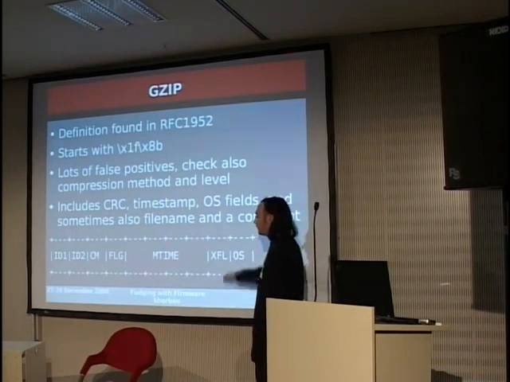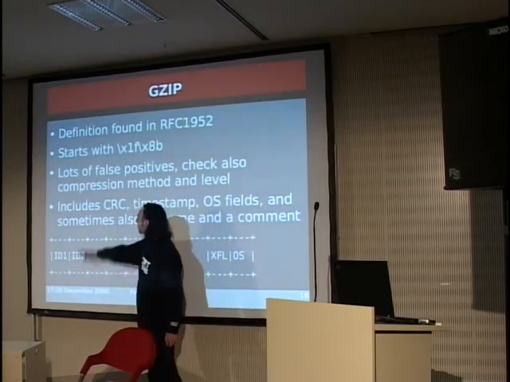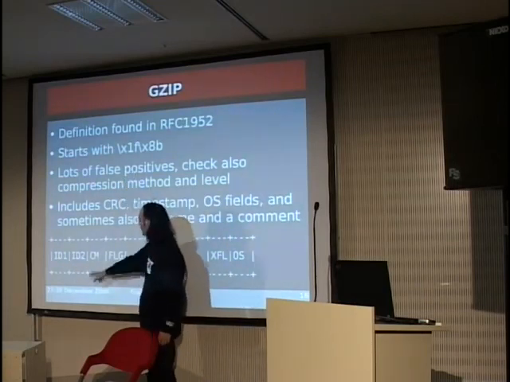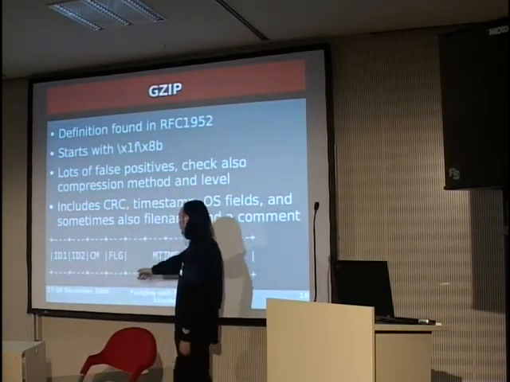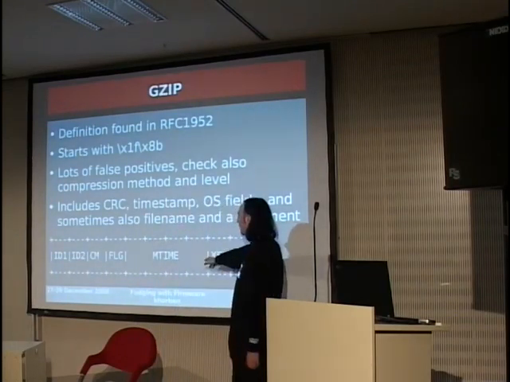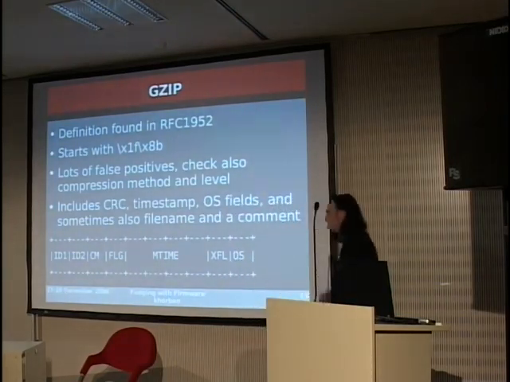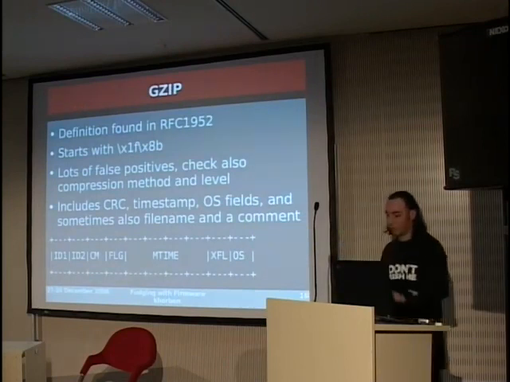It's like a fixed size structure, giving you first here, this is 2 bytes with the magic. So it's going to be 1F8B. The compression method, some flags for what's present or not next, a timestamp, the OS that generated the file, sorry, and some extra flags.